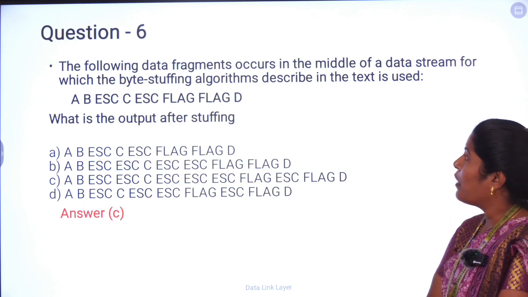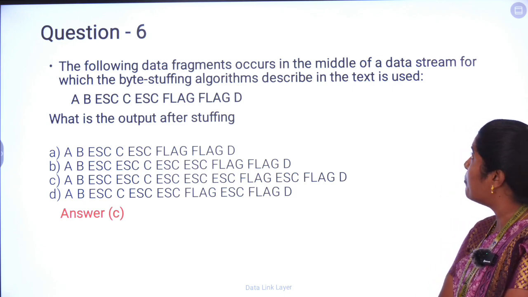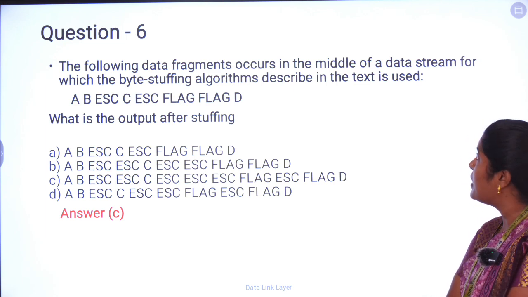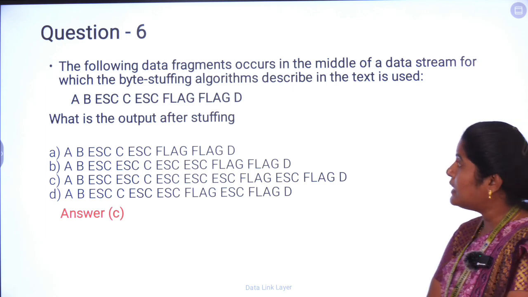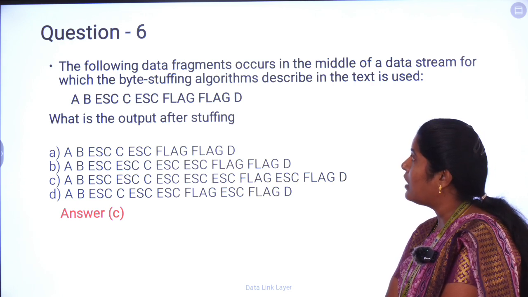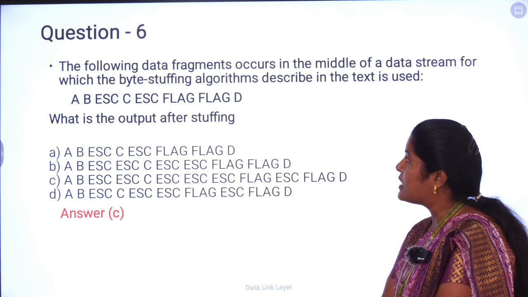Question number 6: the following data fragment occurs in the middle of a data stream for which the byte stuffing algorithm described in the text is used, and the text is A, B, escape, C, escape, flag, flag, D. What is the output after stuffing?